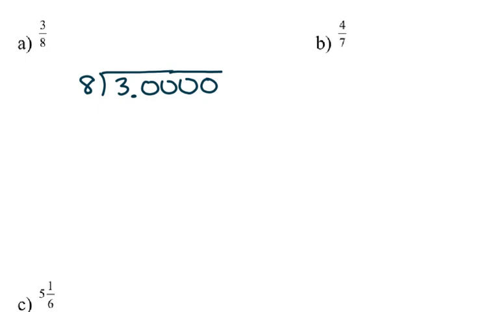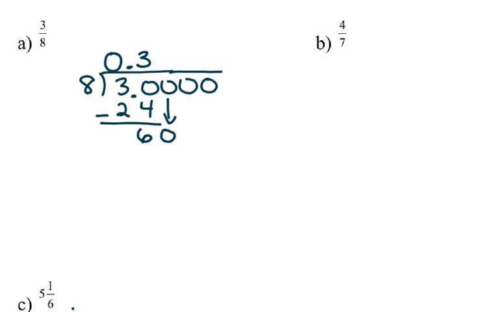Remember to line your decimal up. 3 divided by 8 is 0. But if we now work with 30 divided by 8, that divides 3 times. 3 times 8 is 24. Subtract, we have 6. Bring the 0 down.